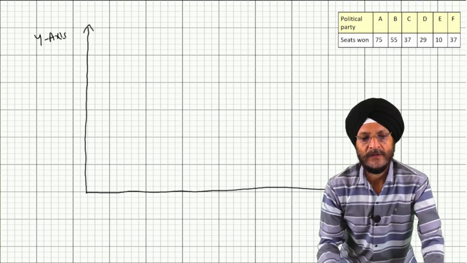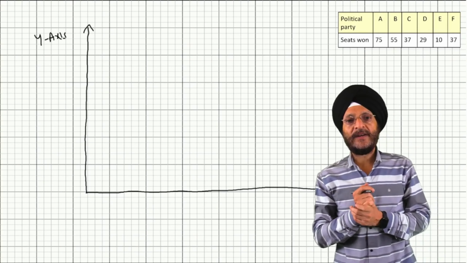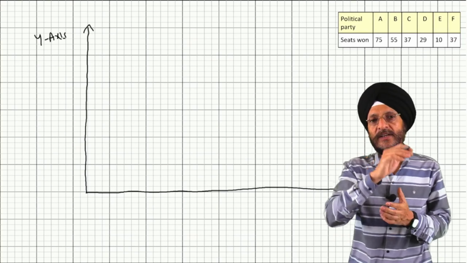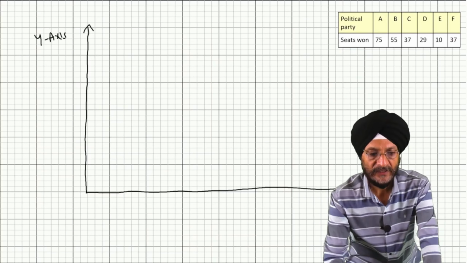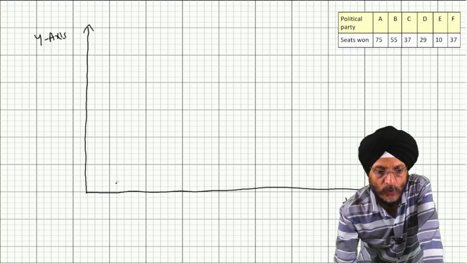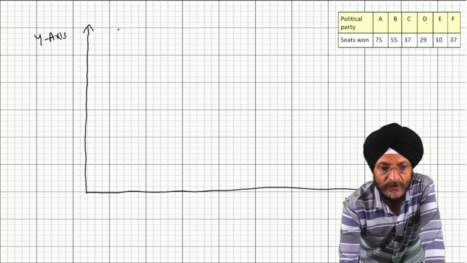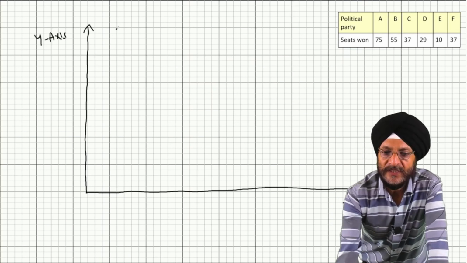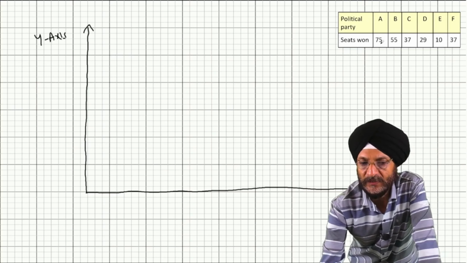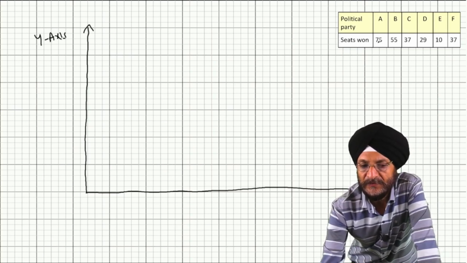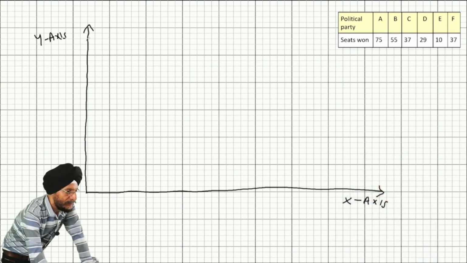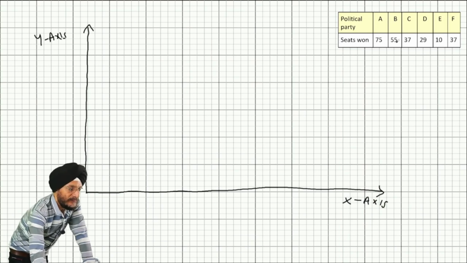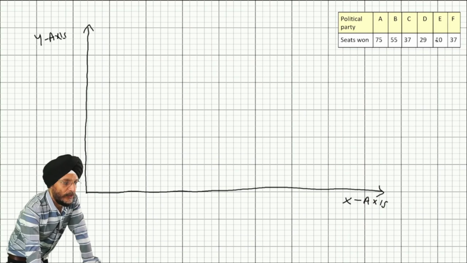Normally, the graph can be drawn either vertically or horizontally, but normally the graphs are drawn vertically, that is from the x-axis upward. And the information which is numerical data which can change is mentioned on the y-axis. So here the seats won are changing and are numerical data.